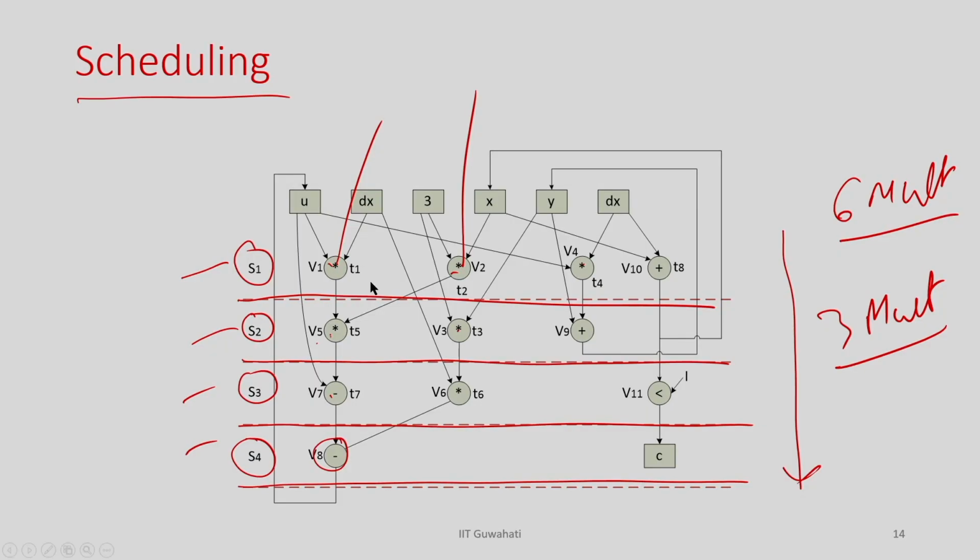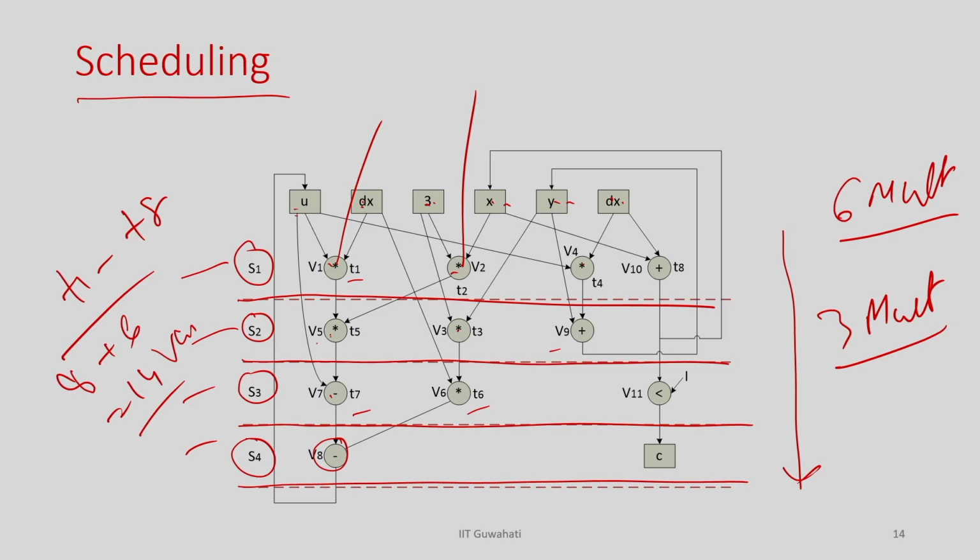You have a set of variables. In this program you have variables like T1 to T8 and 1, 2, 3, 4, 5, 6. So 8 plus 6, 14 variables are there: 1, 2, 3, 4, 5, 6 plus T1, T2, the intermediate variables. Now the question is, do we need 14 registers, or can I use fewer registers to store these?